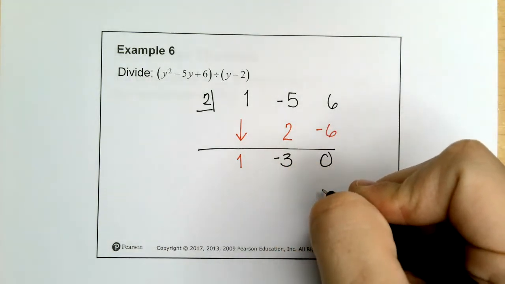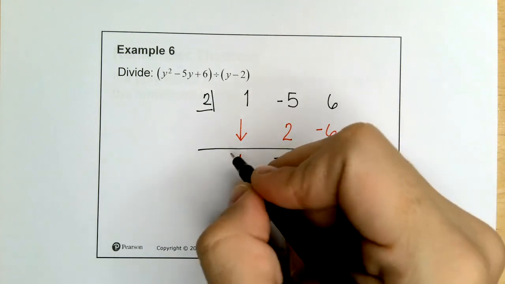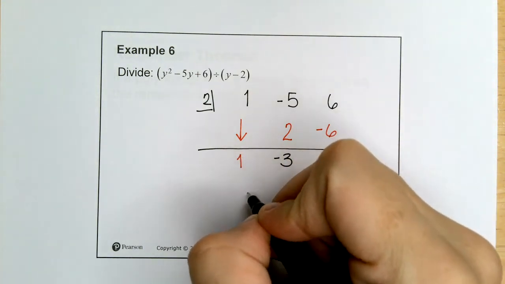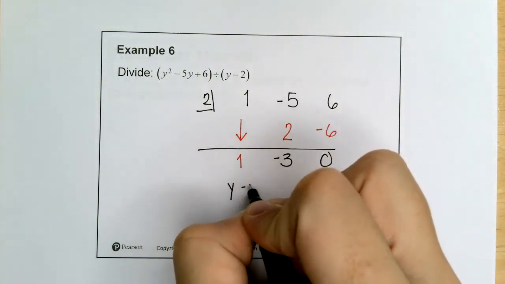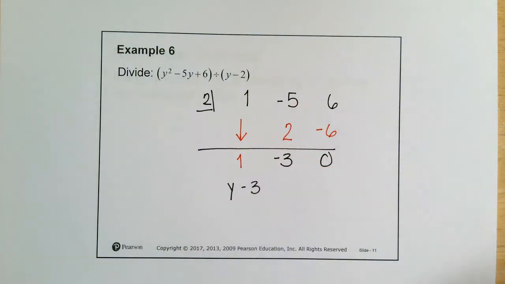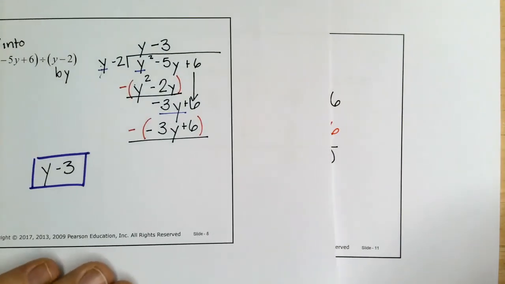This is my remainder. My remainder is 0. My constant is -3. And then my 1 is a y back. So we have y minus 3. The remainder is 0. And that is the same answer we got here.